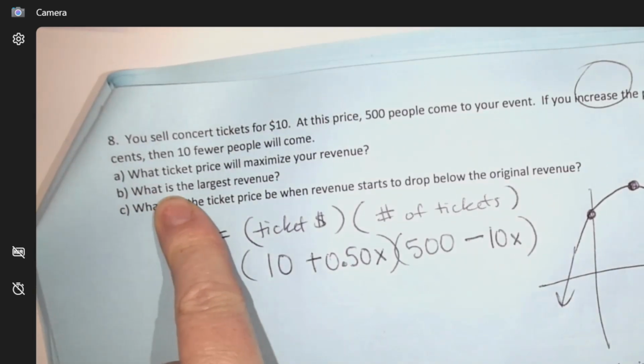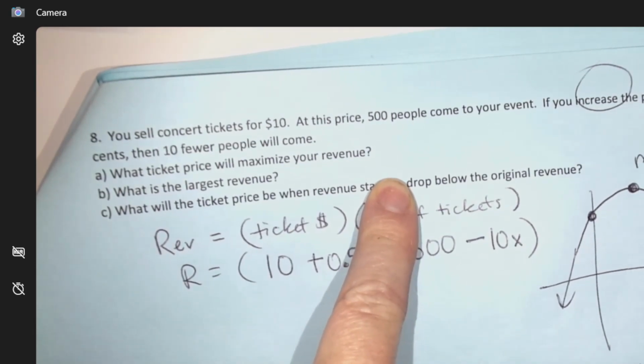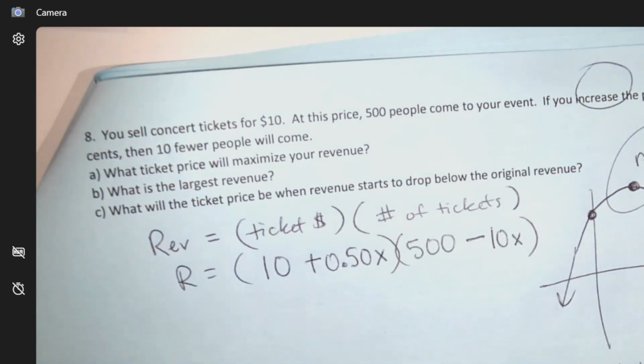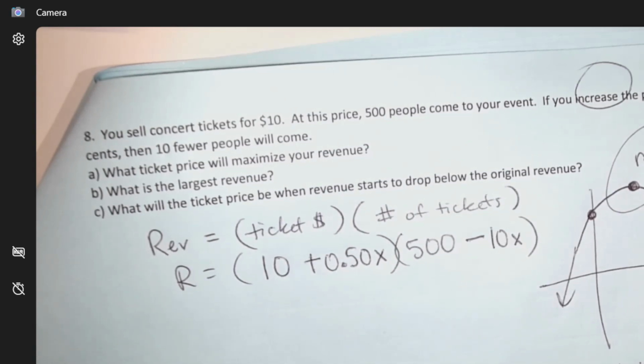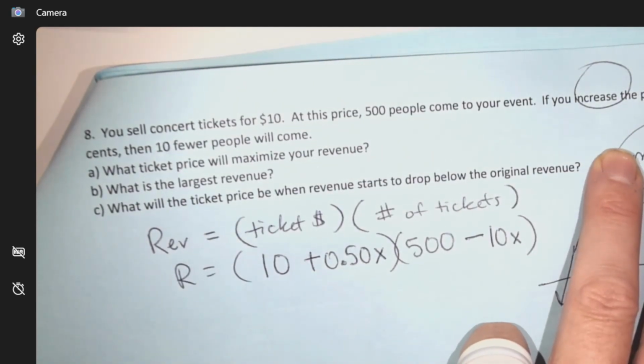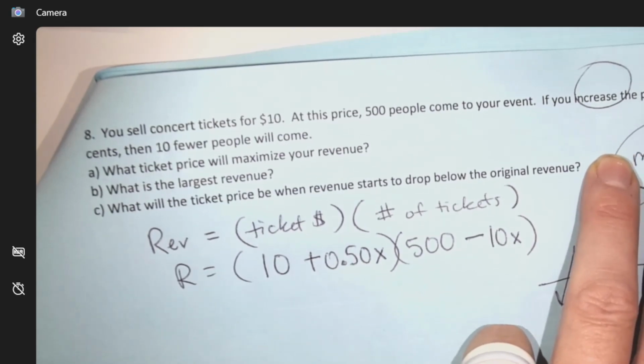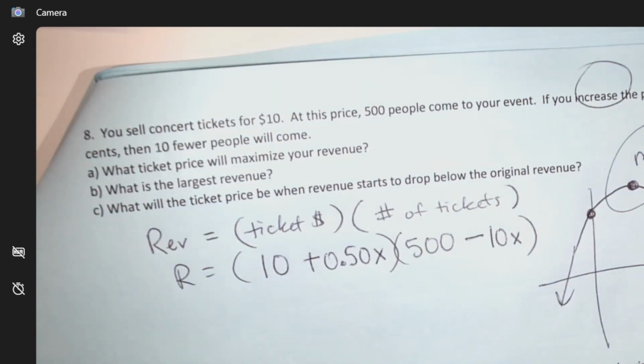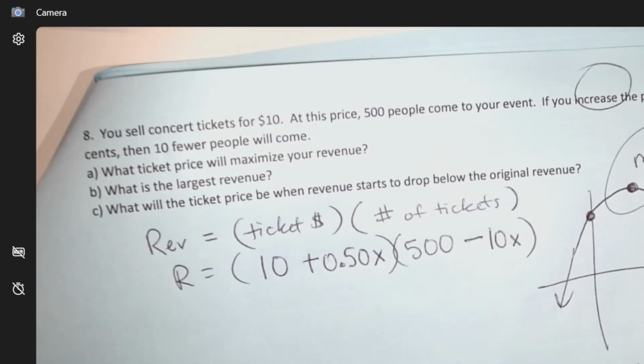Okay, question 1. What ticket price will maximize your revenue? So, what point do I need to figure out with my calculator? The max. So this is my max coordinate, is what I got, 15, 6,125. That's not my answer. I'm looking for the ticket price.